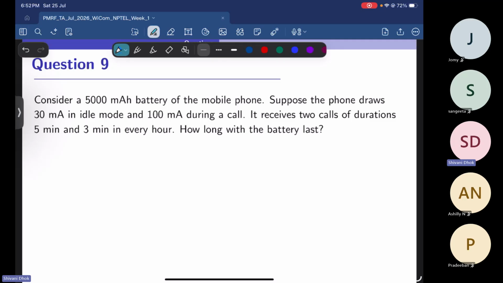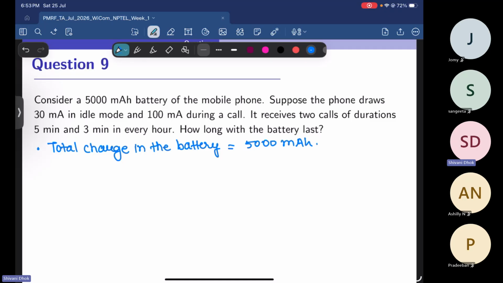So the first thing given to us is the total charge in the battery, that is 5000 milliampere hour.